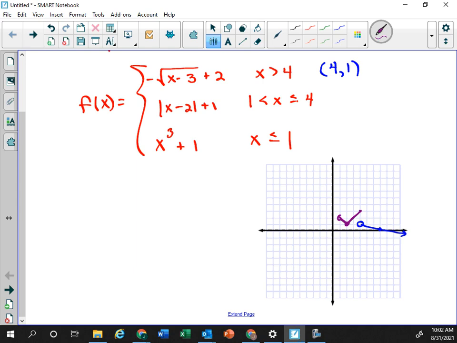Again, you could plug the 1 in and go, okay, when I plug a 1 in, 1 minus 2 is negative 1, absolute value is 1, plus 1, 2, plug the 4 in, 2 plus 1 is 3. But just be aware you're not connecting those with a straight line. Okay? You have to know which part of your absolute value function you're graphing.